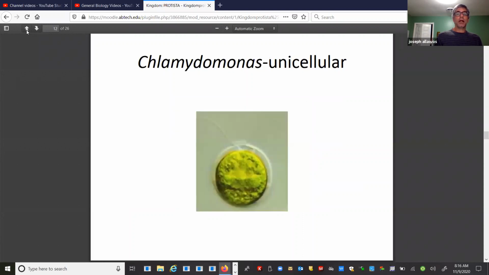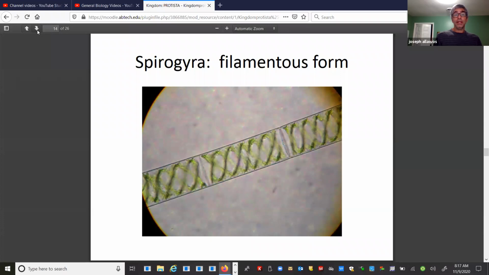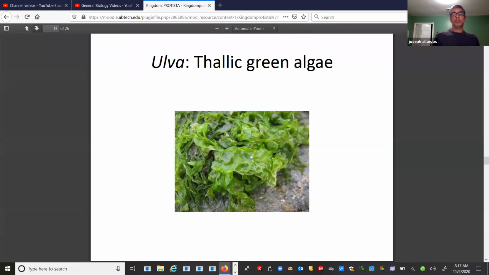And just to be clear, we talked about life forms, check it out. There's a unicellular green algae. There's a colonial green algae. There's a filamentous green algae. And this is the one you're probably the most familiar with, which is thallic. That's the life form, and it's a flat sheet of cells. And this is called Ulva or sea lettuce.